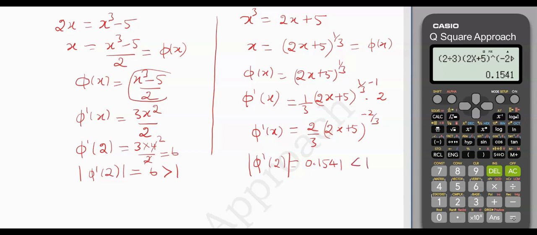So this is less than 1, and again in the calculator press the calculation button and give x is equal to 3. Then modulus of phi dash of 3 is 0.1348, which is also less than 1.